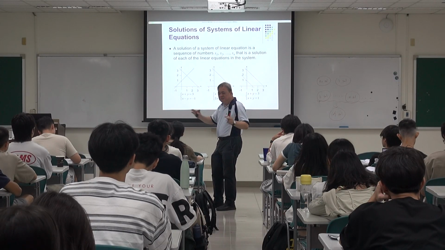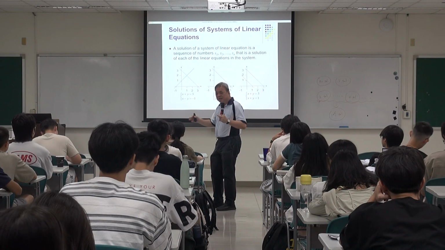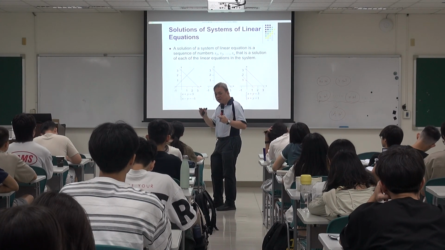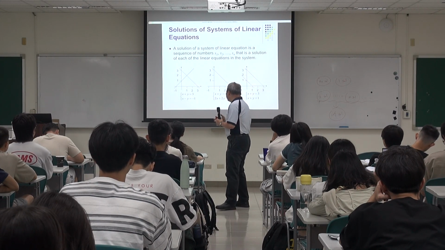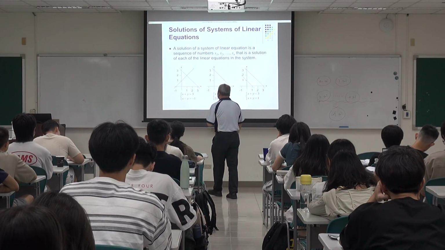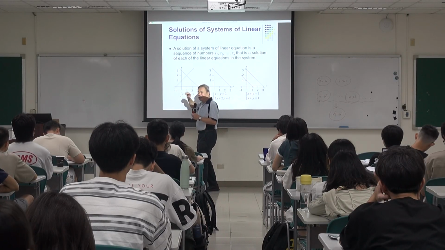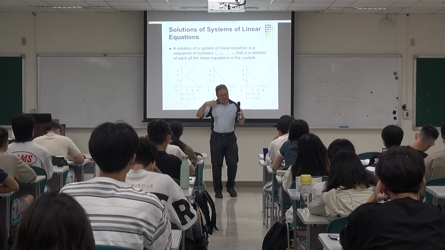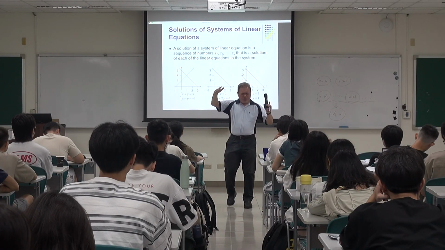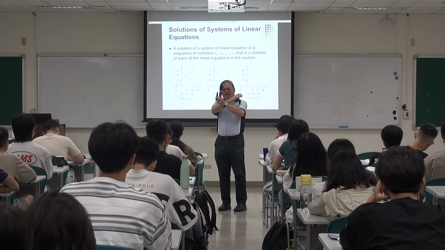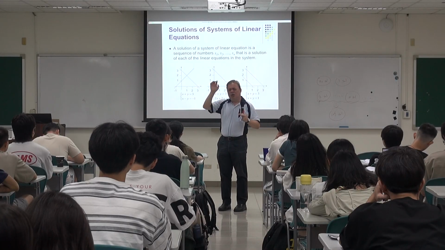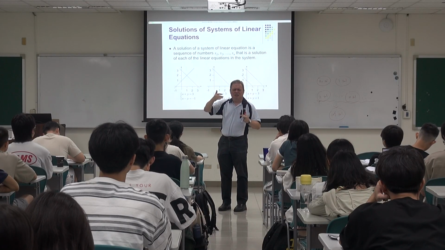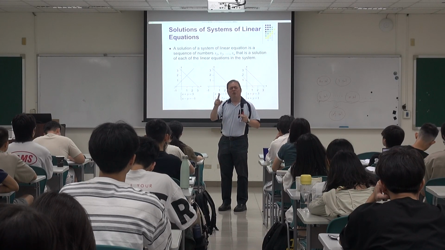Everything still applies in n dimensions. If you have exactly one solution, that means the intersection of these n shapes is one point.